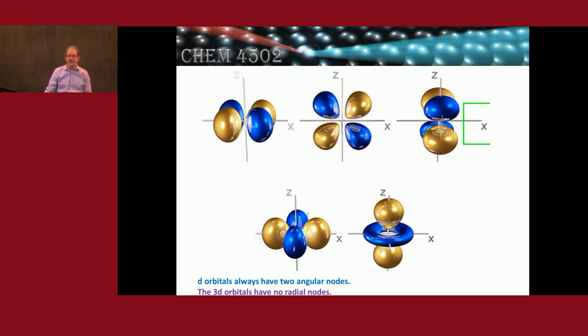And so we can get the dxy, the dxz, the dyz, the dx squared minus y squared, and this is the dz squared. And the dz squared is the one where m sub l is equal to 0, and it points completely along the z-axis.